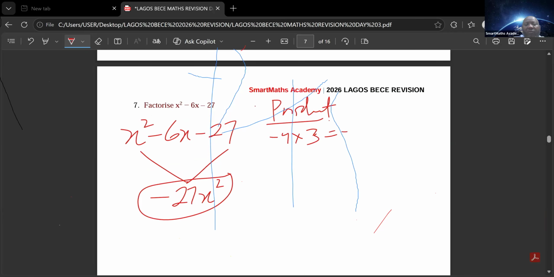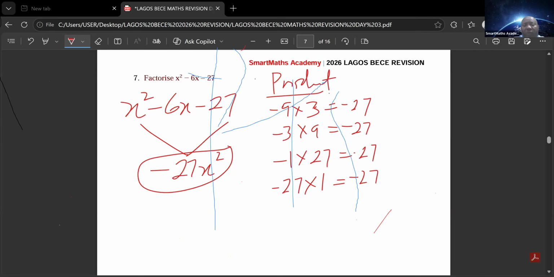And we can also have minus 3 times 9, this also gives us minus 27. What other numbers can we multiply together to get that? Minus 1 times 27, that's minus 27. And minus 27 times 1 also gives us minus 27.